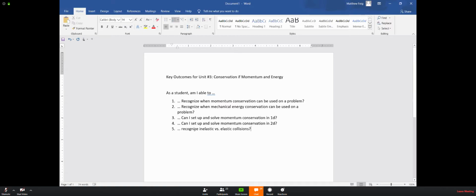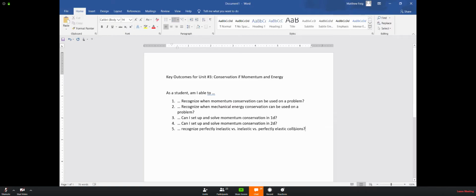And maybe I'm going to put a third category in here: perfectly inelastic versus just plain old inelastic. Kind of a three-way comparison. Is it perfectly inelastic? Is it general inelastic? Or is it elastic? And you could maybe call this perfectly elastic.